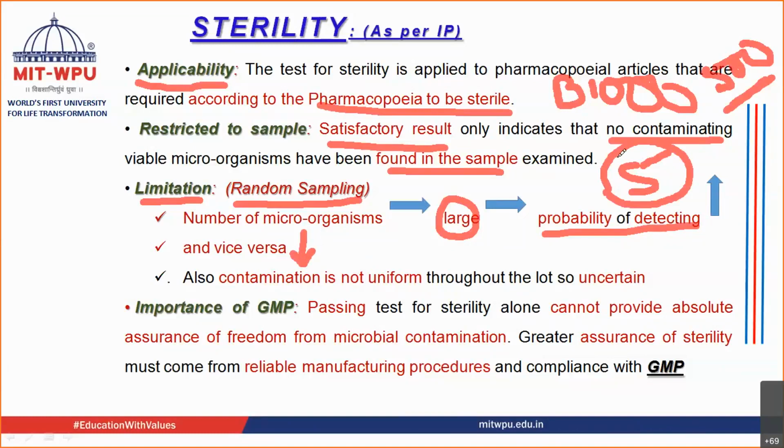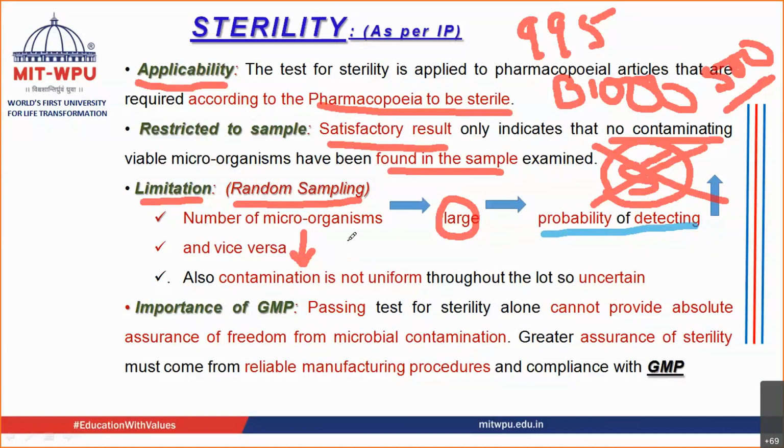While sampling, it is possible that you may miss these contaminated containers and take other containers out of the remaining 995. That is why the probability of detecting these microorganisms becomes very less.